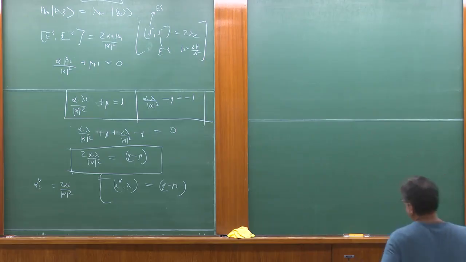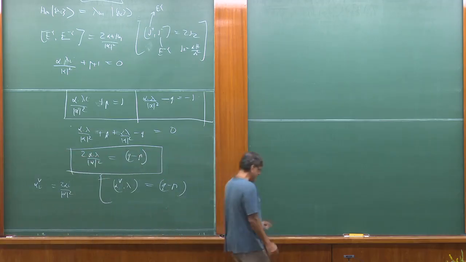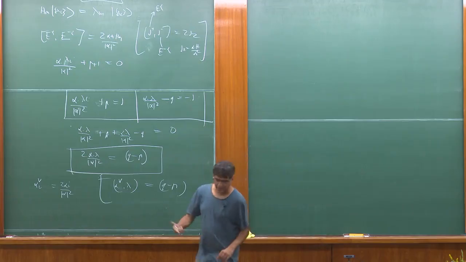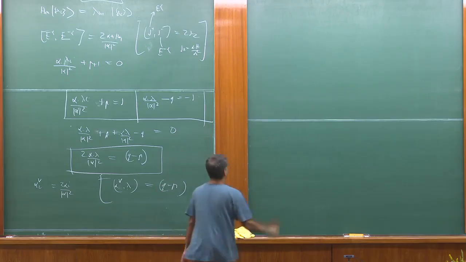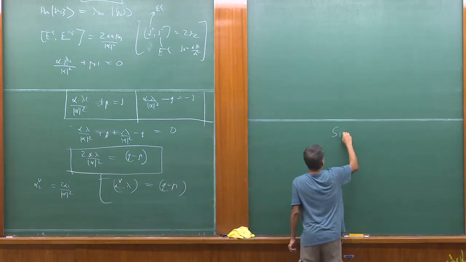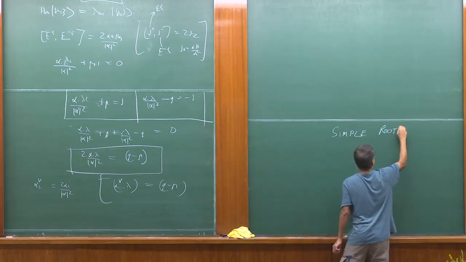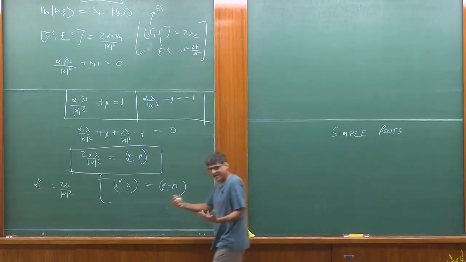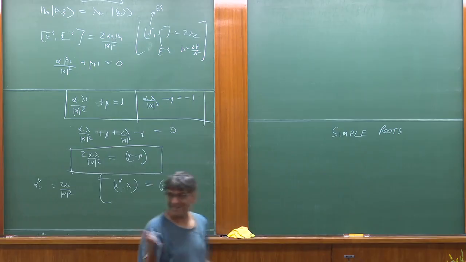Okay, great. We come back to this equation as we move along. Now, there is one more thing I wanted to say about roots. I want to define this idea called simple roots. As we've already seen, the number of roots is in general much larger than the number of Cartan elements.